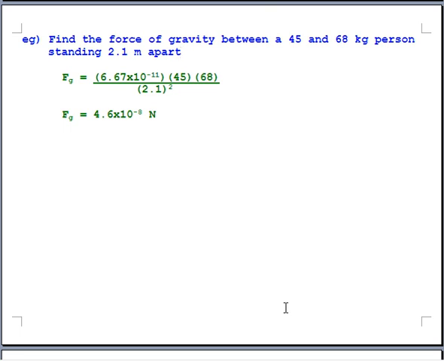So here at 4.6 times 10 to the negative 8, you're definitely not going to feel that attraction between you and another person, which is actually probably a good thing, because you can imagine that life on this planet would be very strange if we actually did feel these little tugs and pulls between people, or between myself running down the street in a dump truck. That would be bad if there was a gravitational force big enough that we actually stuck to each other.